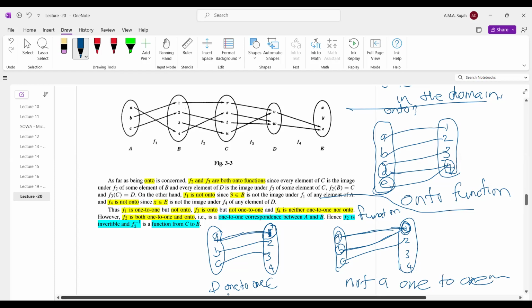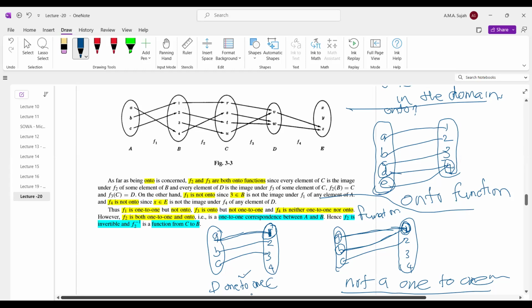Here A and B have the same output 1, so this is not one-to-one. But here, each codomain element has at most one image, only one relation. So we can call this one-to-one, right?